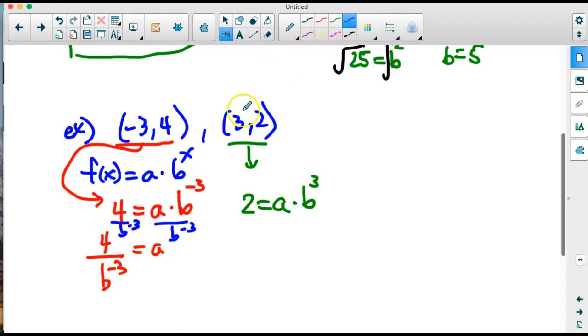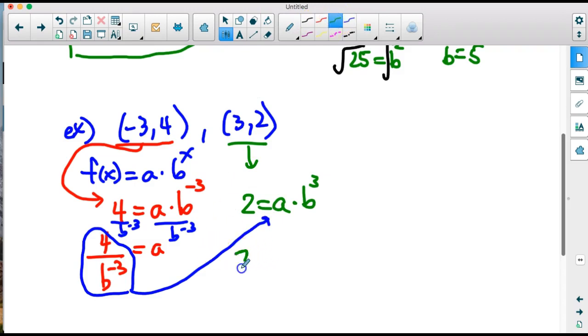Now we can take this a value and put it in for the a value in the other equation. So our equation in green still starts out with 2, but this a value is going to become 4 over b to the negative third, and then we're multiplying by b to the third. So this is what we have.